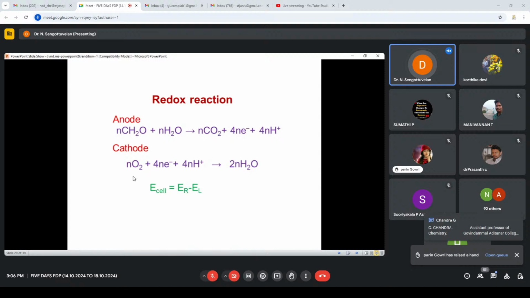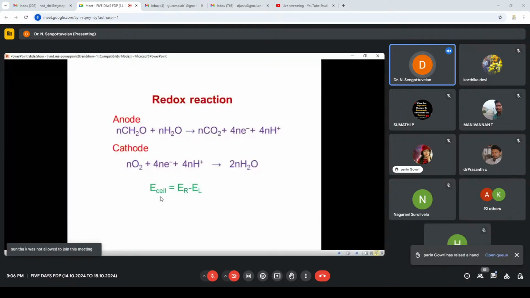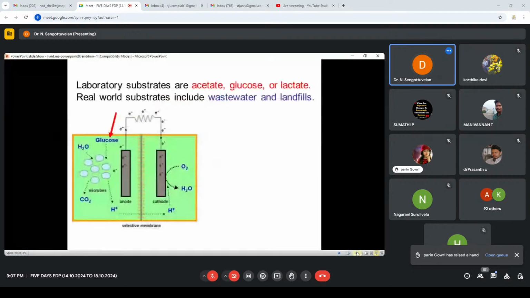The H plus will diffuse through the ion selective membrane and produce potential, allowing the electron to flow. That is said to be the redox chemistry of microbial fuel cell.